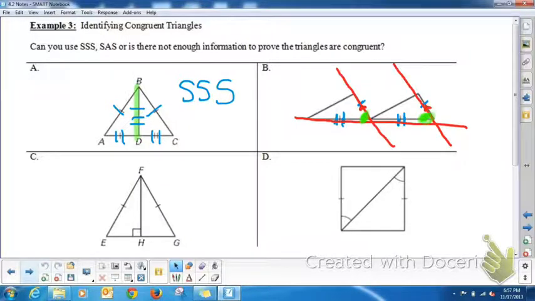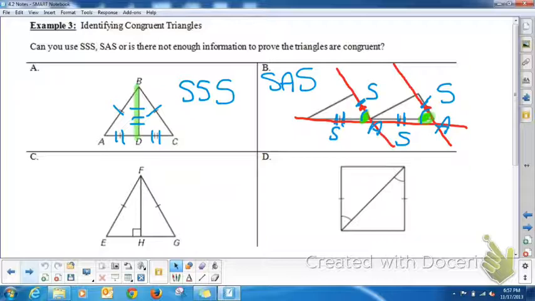If you turn your paper, you'll see it more clearly, they are corresponding angles. And because they're corresponding angles, they're congruent to one another. And so, using corresponding angles, we know that these two triangles are congruent because we have side, angle, side. So using the side, angle, side congruence postulate, these two triangles are congruent.